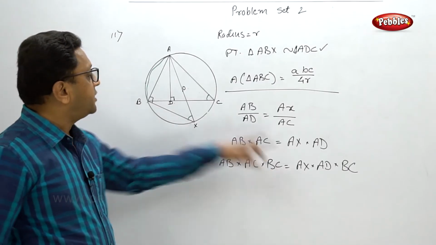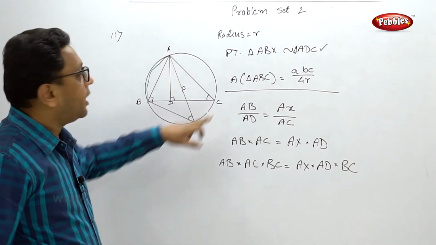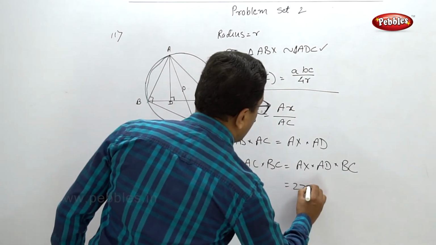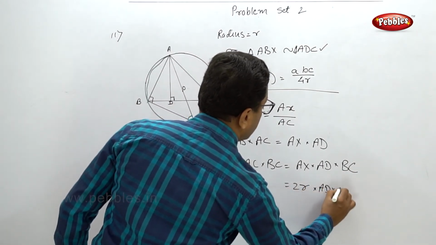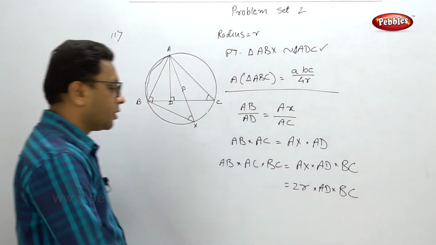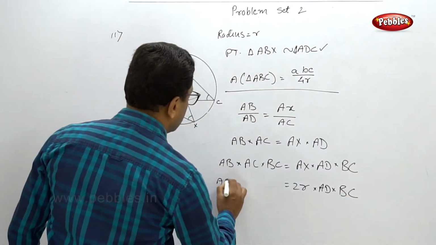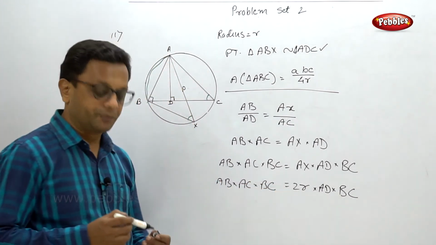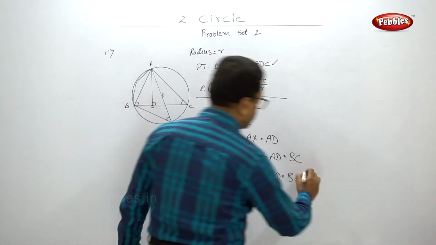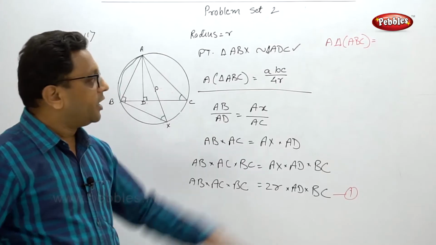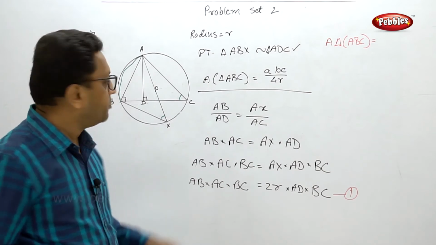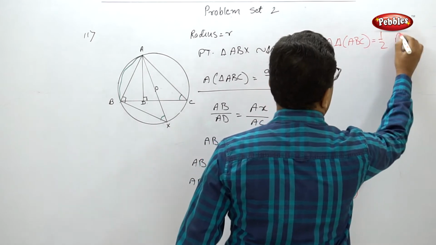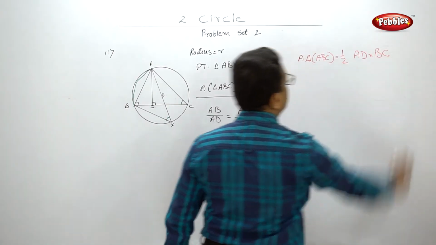Now here AX is a diameter and we are given that the radius is R. So I can write this as 2R into AD into BC, which is equal to AB into AC into BC. We have got this expression. Now what is the area of triangle ABC? Simple, it is 1/2 AD into base BC.